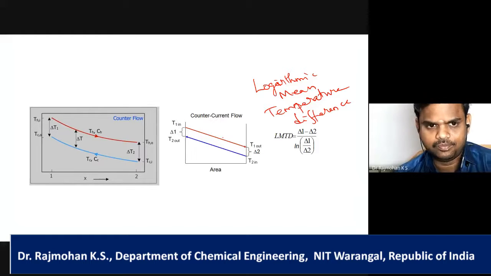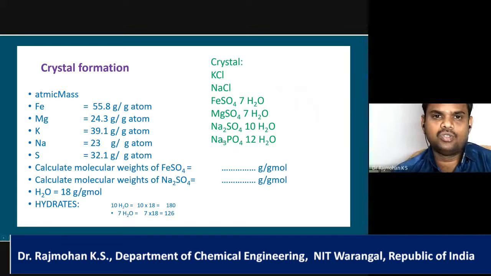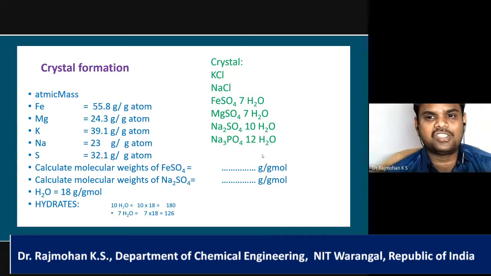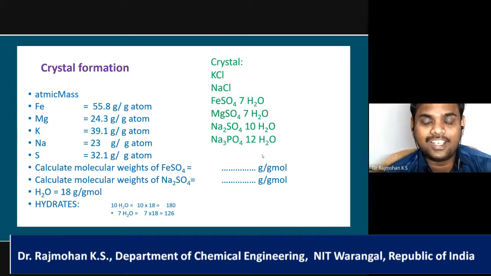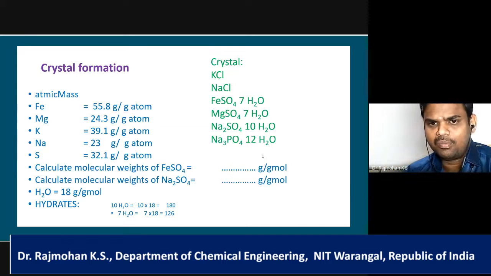Okay, so before proceeding to solve some of the numericals, we should recall the atomic masses of some of the compounds, because throughout the course we are going to come across some crystals like KCl, NaCl, and ferrous sulfate, magnesium sulfate, sodium sulfate, sodium phosphate, all hydrates. Hydrates means they contain some amount of moisture in them, right?